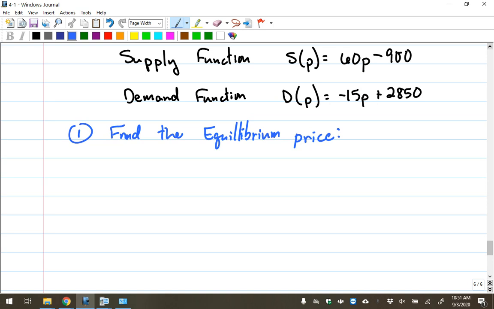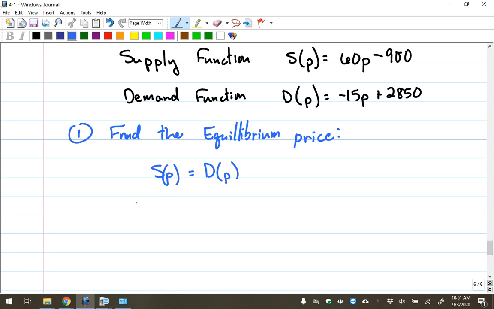Okay. Kinda middle, but what are the first few letters of equilibrium? Equal. I like the word equal. So an equilibrium price will be where supply and demand are equal to one another. Okay, so we're going to set S of P equal to D of P. That's the theory of what we're doing here. So we're just going to do that math.